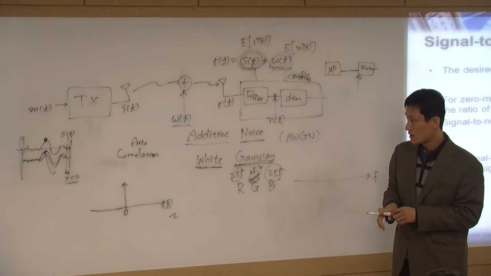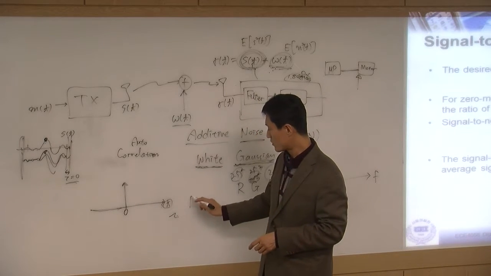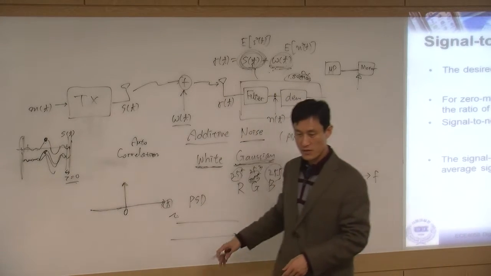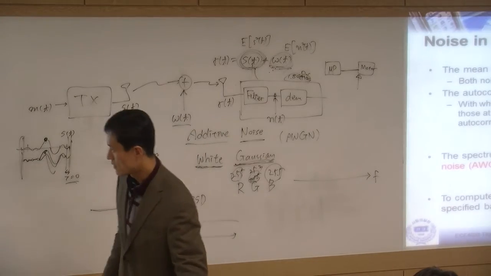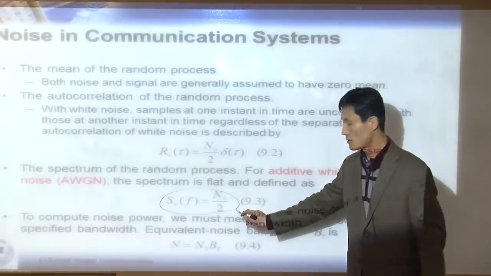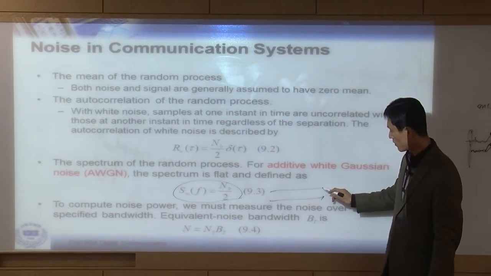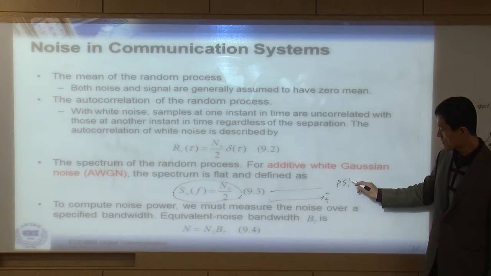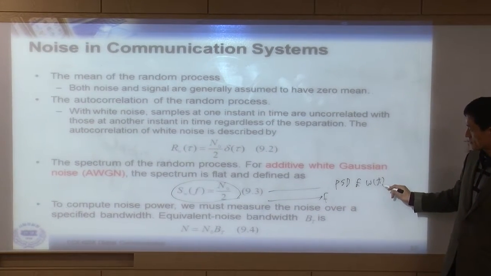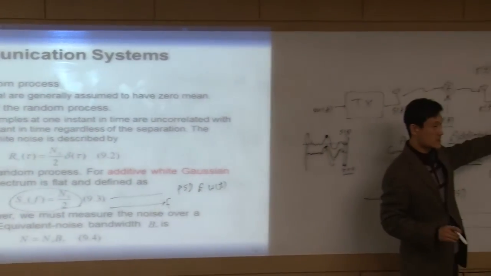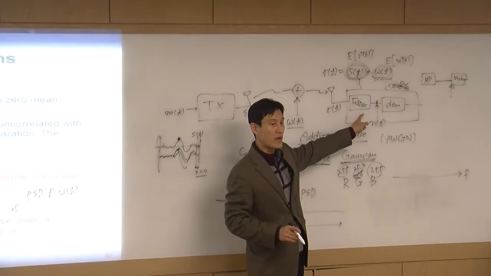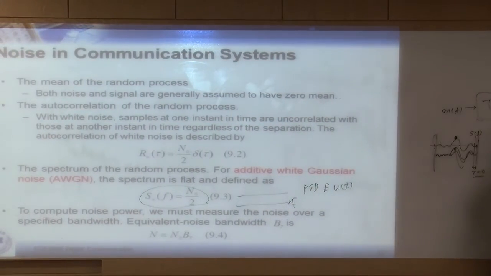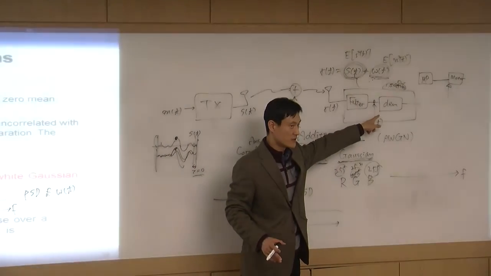So simply speaking, what is the power spectral density of our noise? As I said earlier, flat. This is our power spectral density, which is flat for all frequencies. But that's the power spectral density of WT. Now we have a filter inside the receiver. This is the band pass filter. So put this noise into the band pass filter, and you're going to get the output.